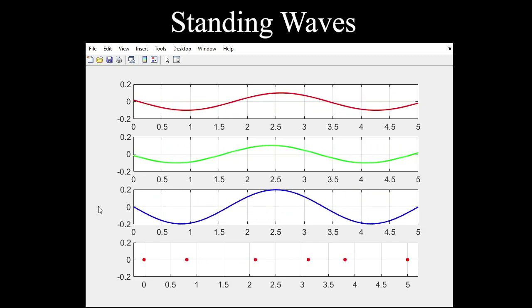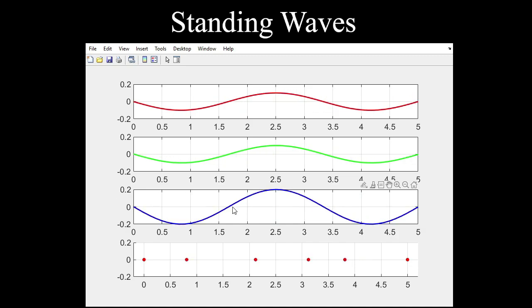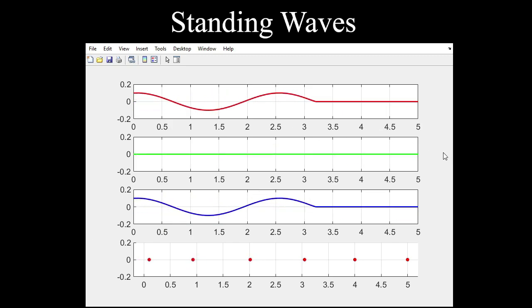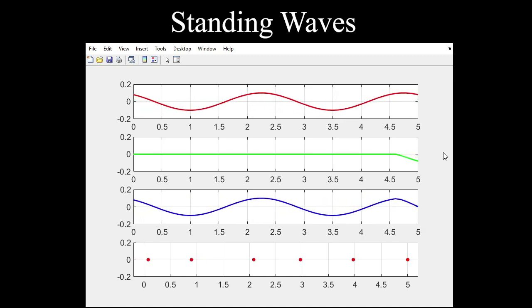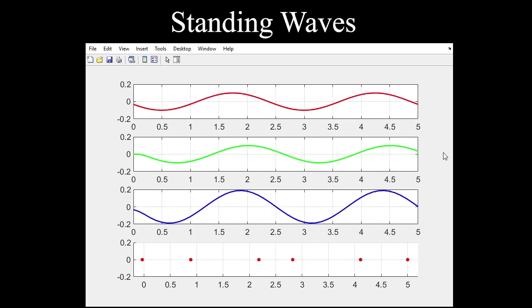So in this case we have more nodes along the length. So there's no movement at the nodes at around this point and this point and at the ends of the string. And let's just do one more. So in this case we'll add 2 waves along the length, and we can see the gradual interference from right to left to create a standing wave.